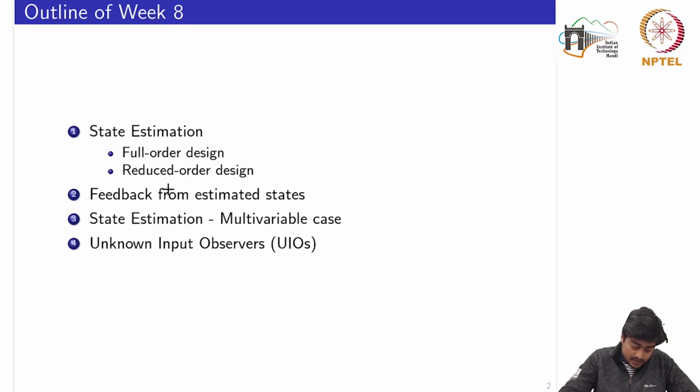Both these first and second points will focus only on the single input and single output case. In the third point, we will generalize the previously discussed results for the multivariable cases. And finally, we will discuss the unknown input observer, its definition, and also the synthesis procedure for the UIO.